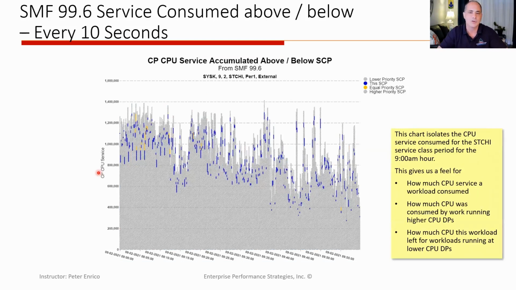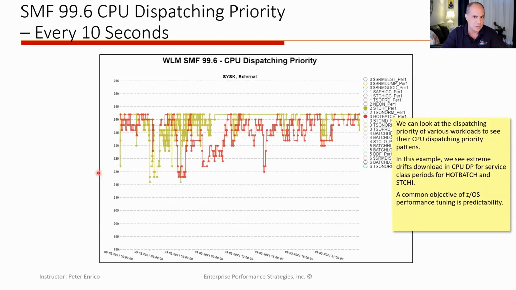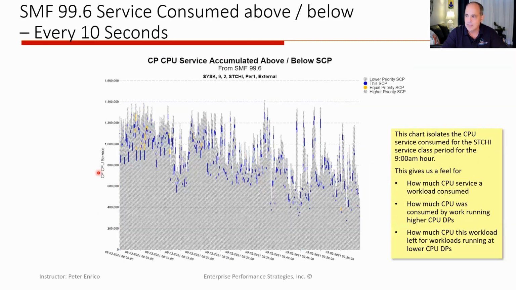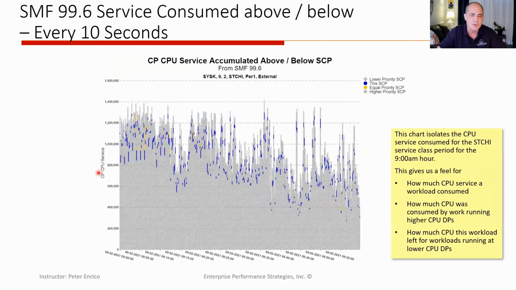What we can also do is take the CPU dispatching priority values, which we know, and the service consumption that we know, and look at the service consumption by a particular period relative to its CPU dispatching priority. So for example, this is for the 9 o'clock hour. The profile of this chart is how busy this environment is in terms of CPU consumption.